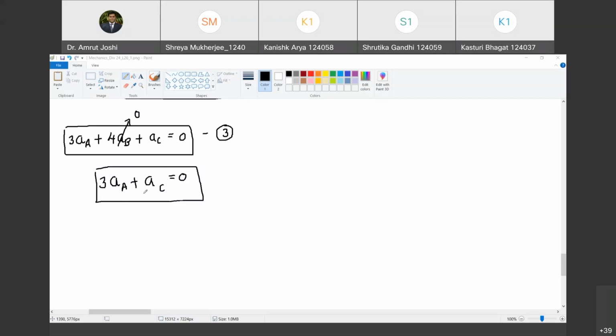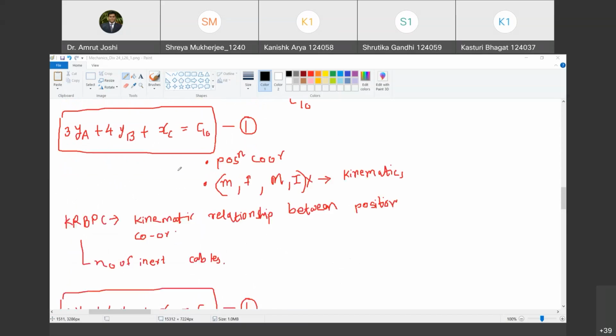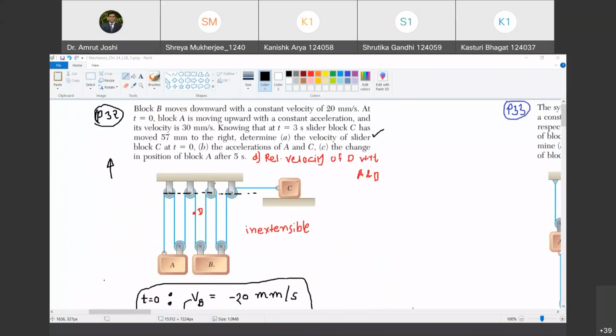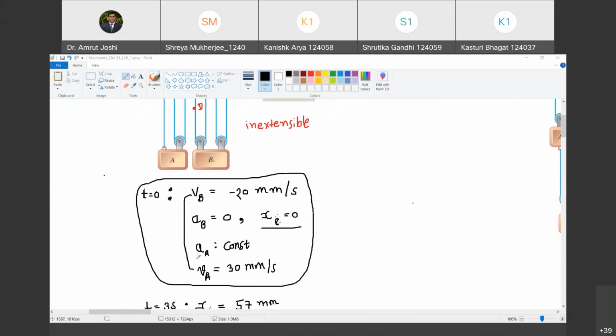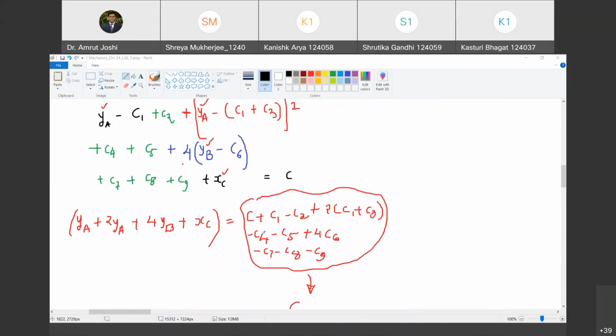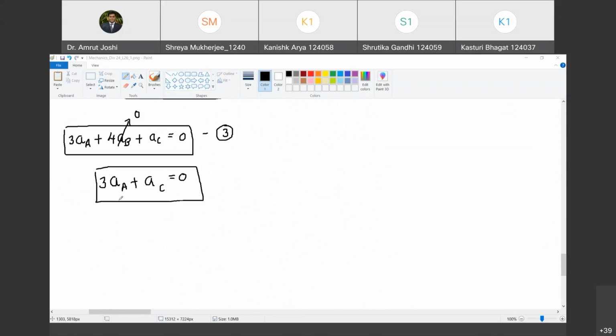So 3AA plus AC equal to 0 is what we get. Are you with me? Yes, sir. Because AB is given to be 0 in the problem. And one more thing is given. What is it? A is constant. That means the acceleration of block A is not a function of time. Are you with me? Yes, sir.